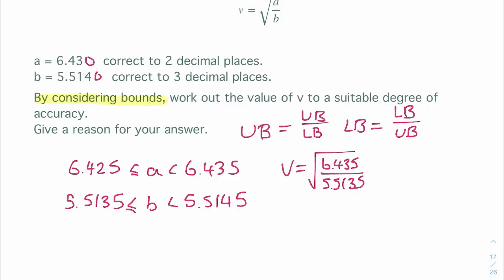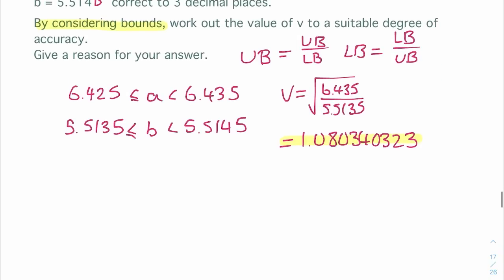So typing that into the calculator, square root button, fraction button, 6.435 on the top, 5.5135 on the bottom. So that comes out as 1.080340323. And there we go, there's one of our numbers, and that's the upper bound.